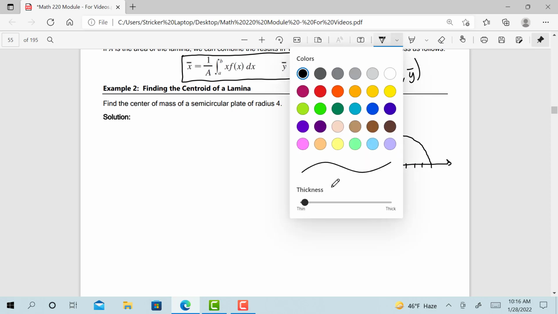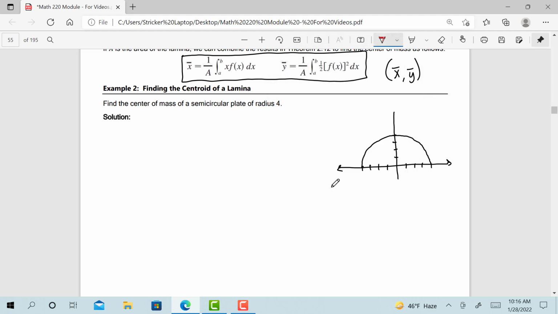And remember, we need to talk about the area inside of that, because that's needed in these formulas, right? You need the area. We could find the area, though we don't necessarily have to.